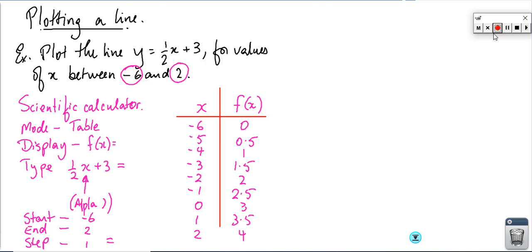Now, once you have formed your table, this is x, and this is our y, because your calculator denotes y by f(x). So now we can plot the graph.